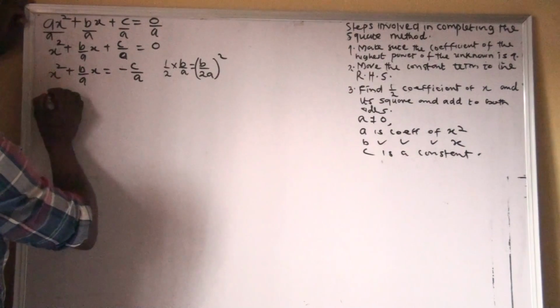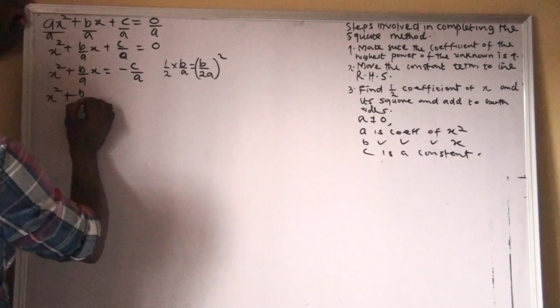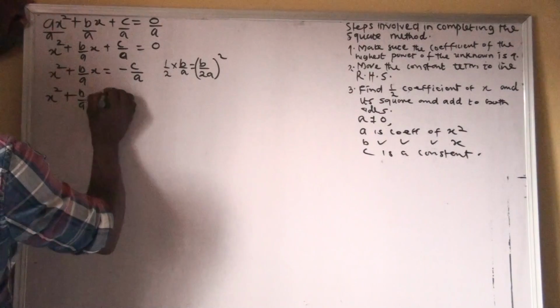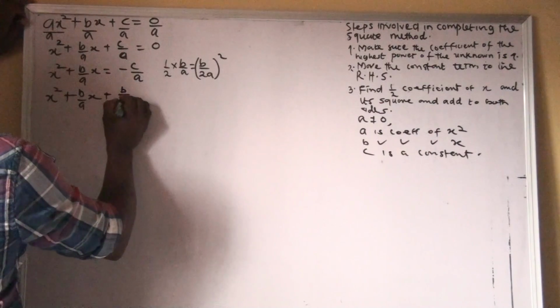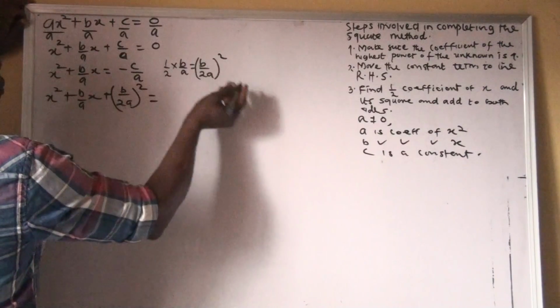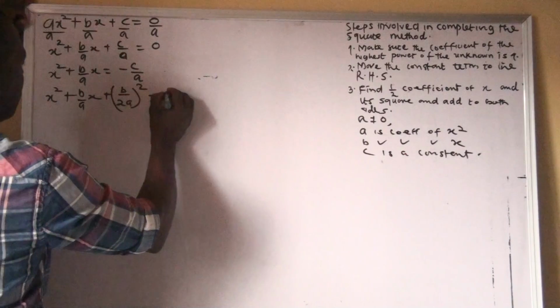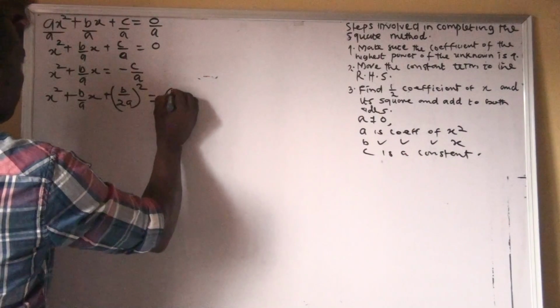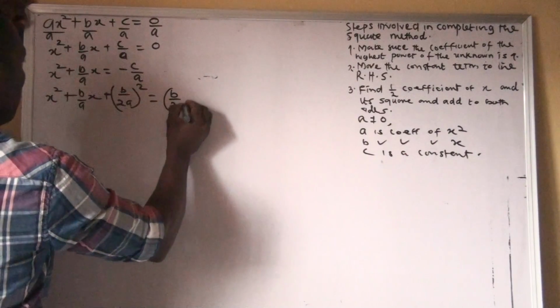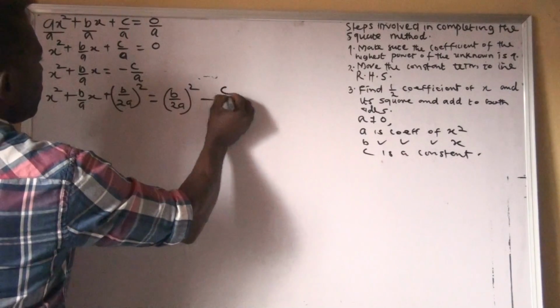So this becomes x squared plus b over a x plus b over 2a all squared, added to both sides. This becomes b over 2a all squared minus c over a.